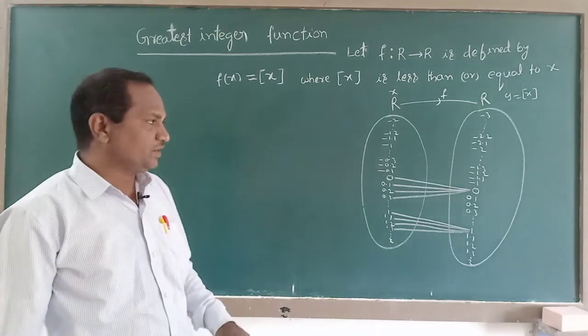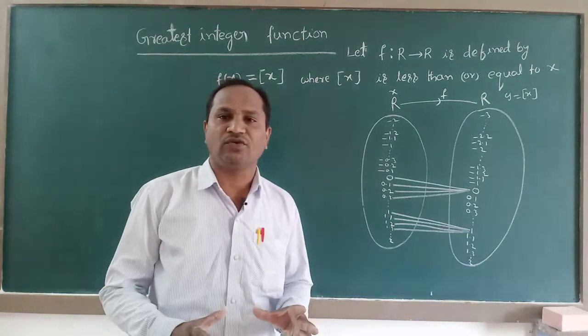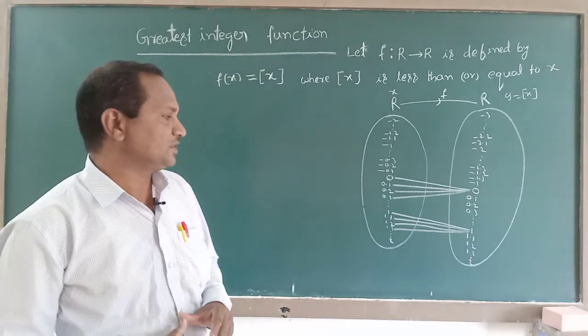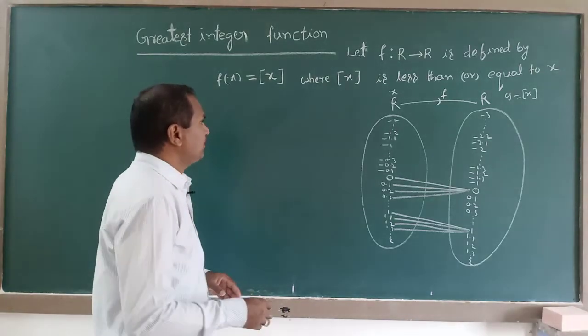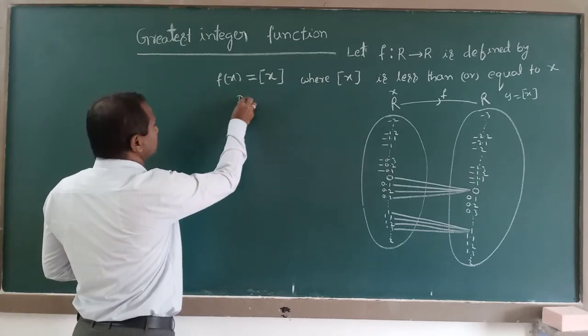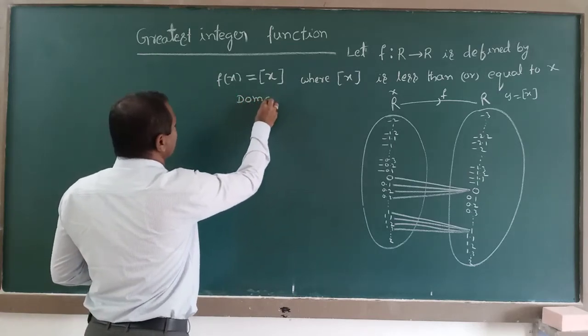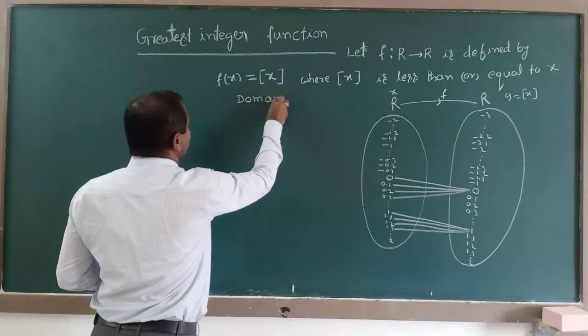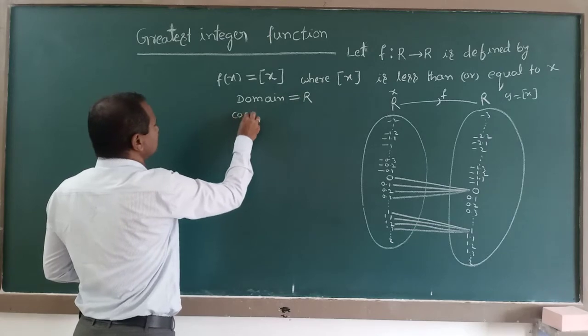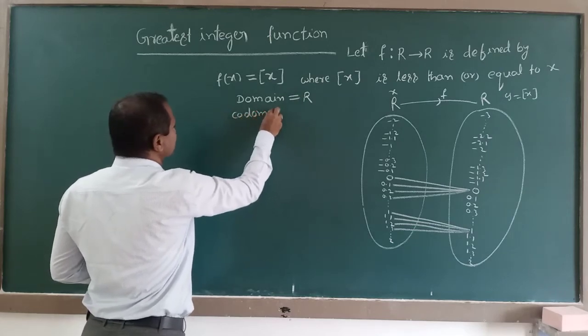Now we are going to discuss the graph of the greatest integer function. Before that, we should write here: domain is equal to the set of all real numbers. Codomain is equal to the set of all real numbers.